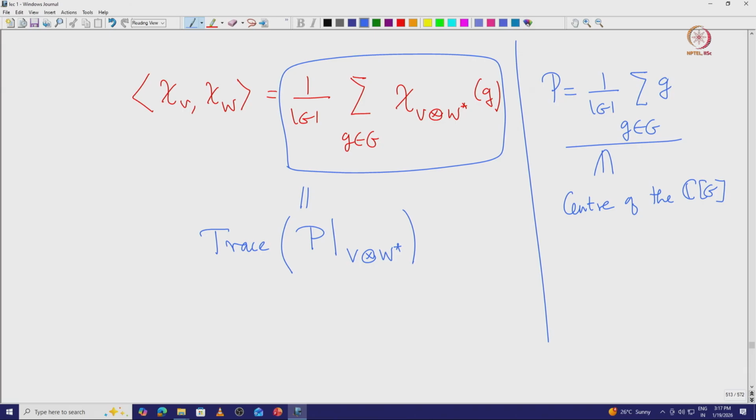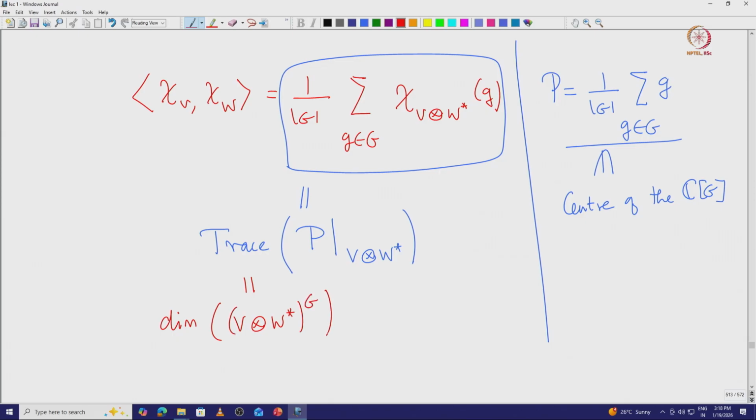Now what is the trace? The trace has many different interpretations. If you look at the trace of this projection operator, you can identify it with the dimension of the G-invariant vectors of V tensor W star. So this is given by the dimension of (V tensor W star)^G.